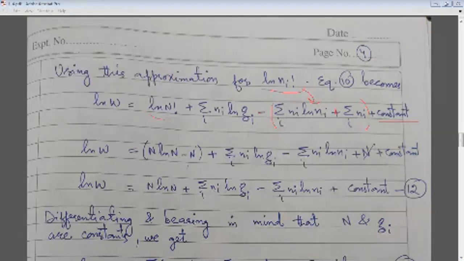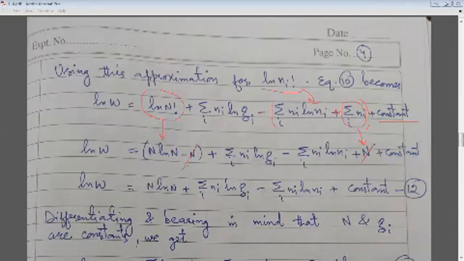Similarly, this can also be written in this form by following Stirling approximation. That means N ln N minus N, then the rest of the terms will be the same, plus summation over i of ni ln gi, minus summation of ni particles, which becomes the total number of particles, represented by capital N. So this capital N and this negative term will cancel, and you will get this term.